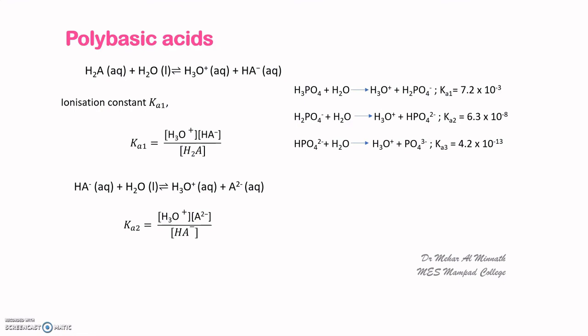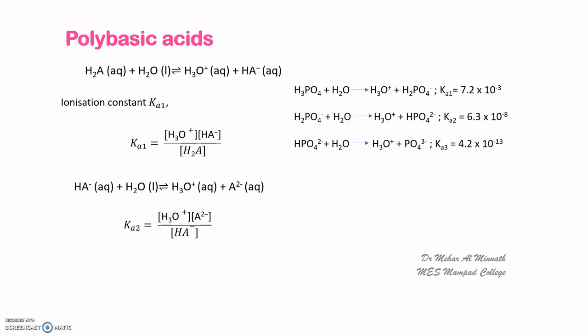By the time it reaches the third ionization constant, it has a very low value. What does this indicate? It means that the higher order dissociation constants are smaller and the lower order dissociation constants have higher values. This is true for polybasic acids.